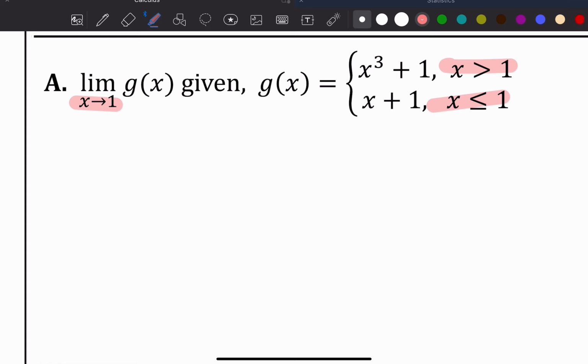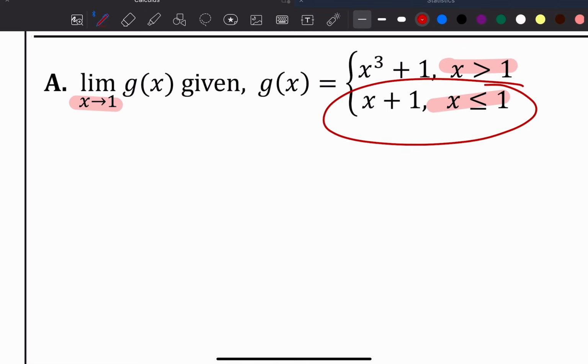Well, looking at each of these, it clearly only fits in this one down here because the domain is x is less than or equal to 1, which is where it's approaching 1, which means we only plug it into that one. So we have the limit as x approaches 1 of x plus 1 is equal to 1 plus 1, which is 2.